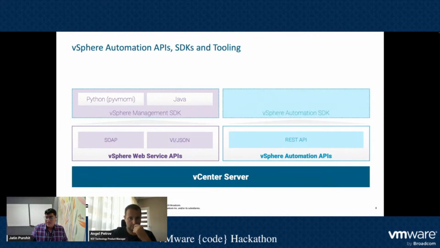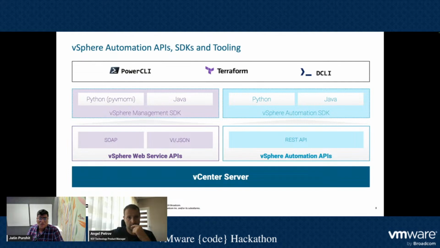And on the REST API, we have the Automation SDK, and this is again separate. This also comes with two different language bindings, Python and Java. And then on top of it, we have the tooling. So we have Power CLI, Terraform, DCLI, Ansible, everything that you as a system administrator are using comes over there.